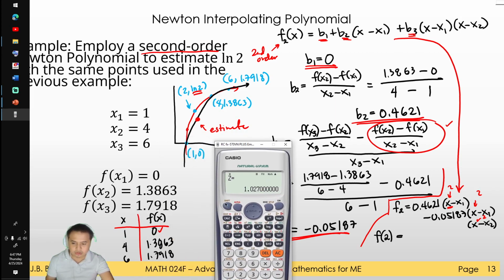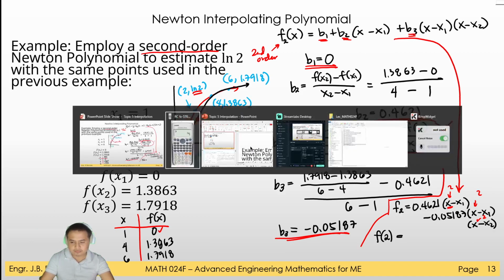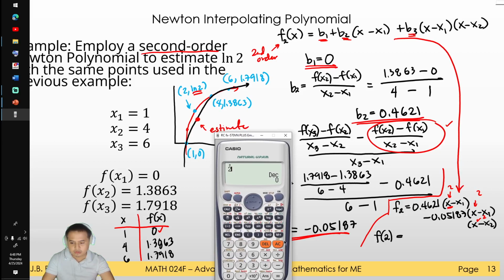So we have 0.4621, and then x here is 2, and then x1 is 1, minus 0.05187, and then x minus x1, so we have 2 minus 1, and then multiplied by x minus x2, so 2 minus 4.